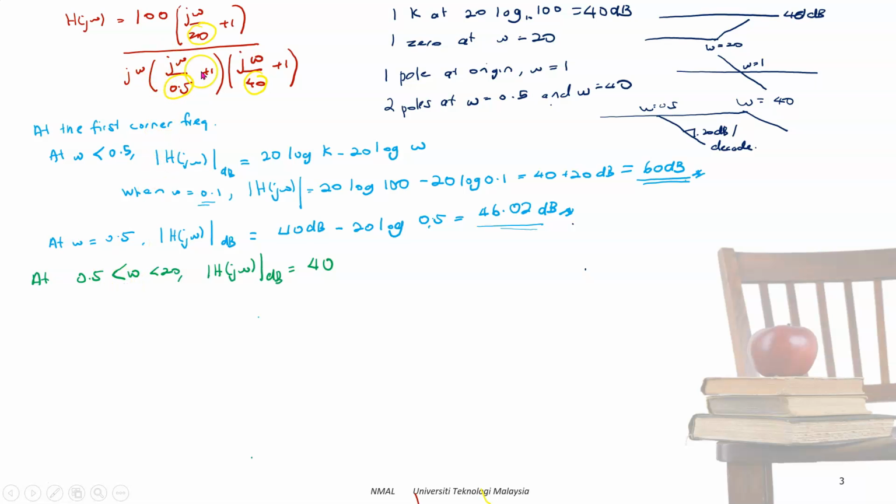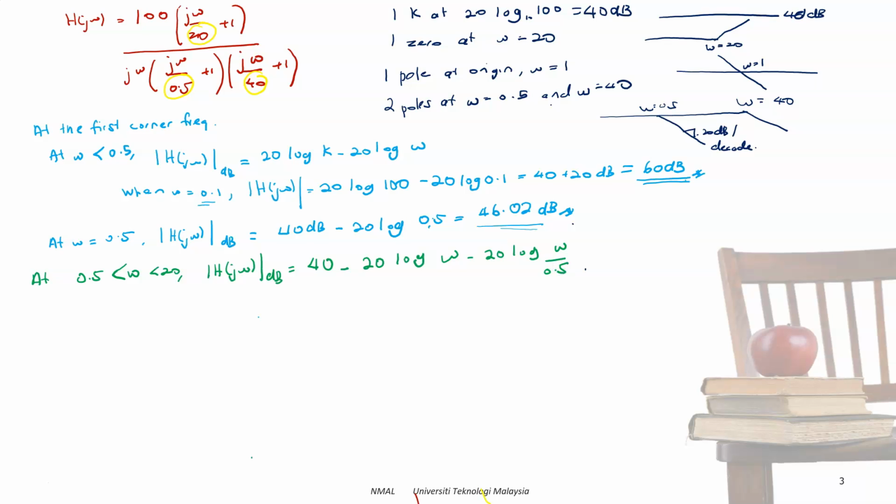Okay, so now we take this component, the pole at omega equal to 0.5, so 40, which means the constant here, 20 log 100, and we minus 20 log omega, which is here, and then we minus another one, this component, 20 log omega divided by 0.5.